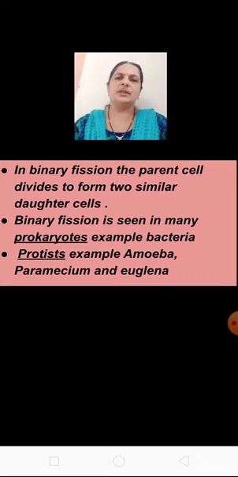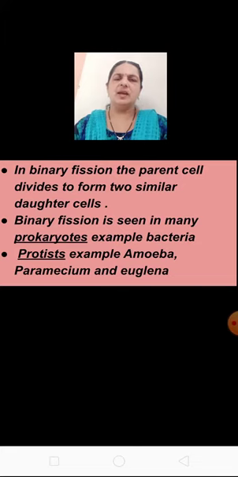So what is meant by binary fission? In binary fission, the parent cell divides into two similar daughter cells. There is no involvement of gametes. Only the parent cell divides into two daughter cells, and both will be similar. It is seen in many prokaryotes like bacteria, and protists like amoeba, paramecium and euglena.